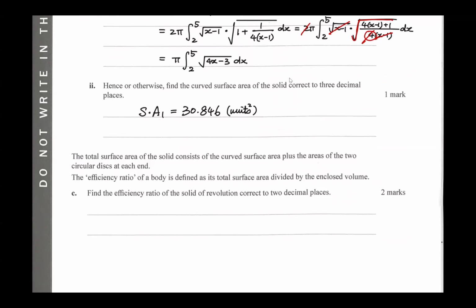All right. Just for the record, I'm writing down the full digits. 30.846 is that 4897 something.